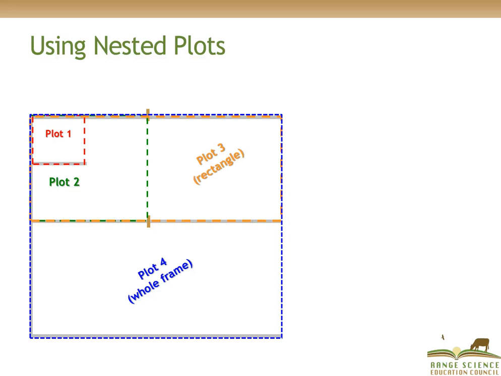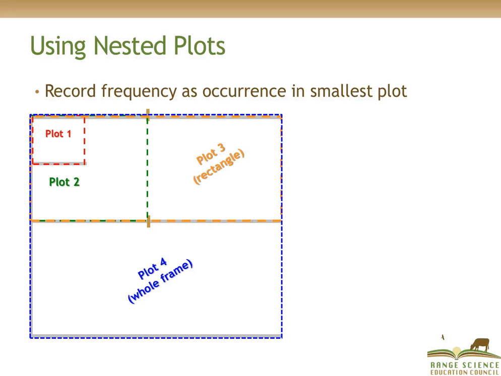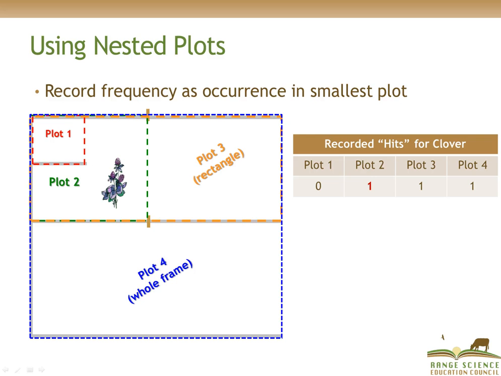We use the nested quadrat to record the frequency in the smallest plot size. So let's say, for example, we were looking at determining the frequency of clover, and we see that it occurs in plot 2. It also occurs in plot 3 and in plot 4.